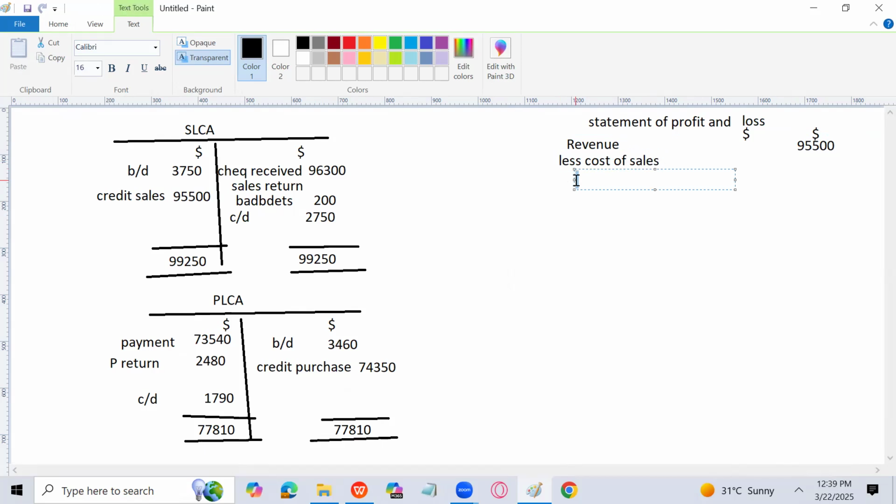I will write opening inventory, add purchases, then less purchase return.